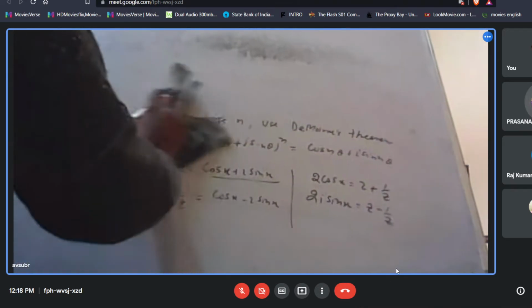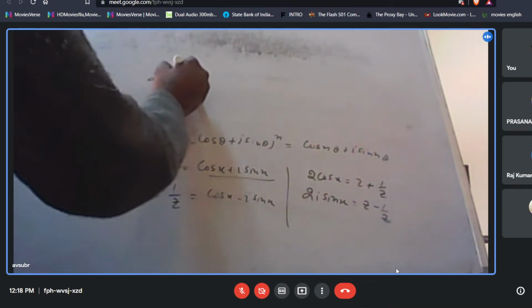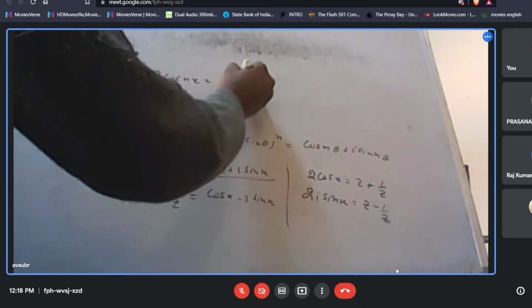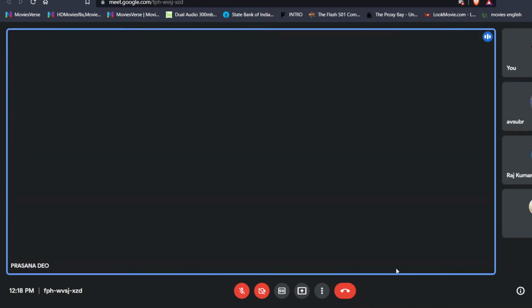So it means that 2 cos nx can be written as z to the power n plus 1 by z to the power n. Can we write it like this? Yes, sir.